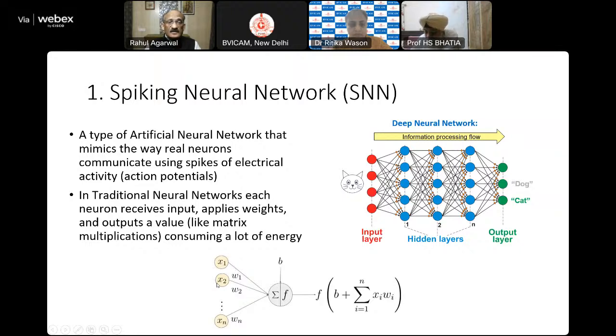So these are the different inputs x1, x2, and similarly their corresponding weights w1, w2, and they are multiplied, and then it gives an output, including some kind of reverse feedback, and that gives the output for the next layer in this kind of neural network. So this is how current artificial neural networks work, which require a lot of computation in terms of multiplication of input values with the weights, and then summation, and then going to the next layer.